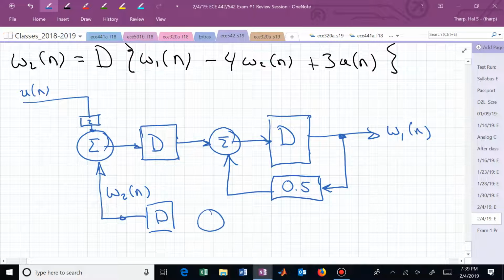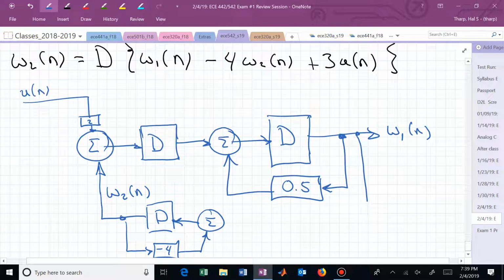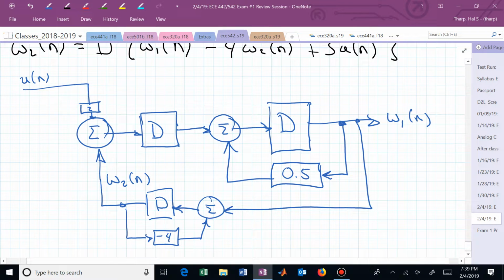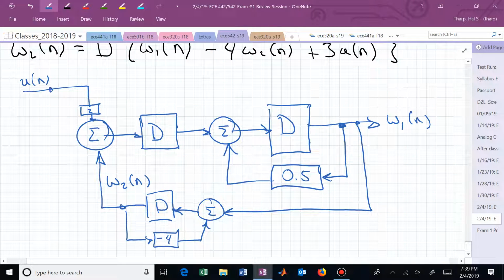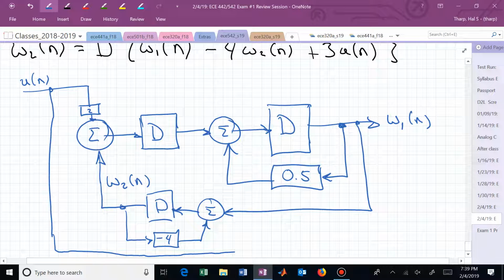So now here's this summing junction, and I'm going to say, well, that's a weight of minus 4 on W2, it's going to be W1. I can pull that down here. And it's 3 U of n. So let me take this U of n. This is really clean, isn't it? 3 there.